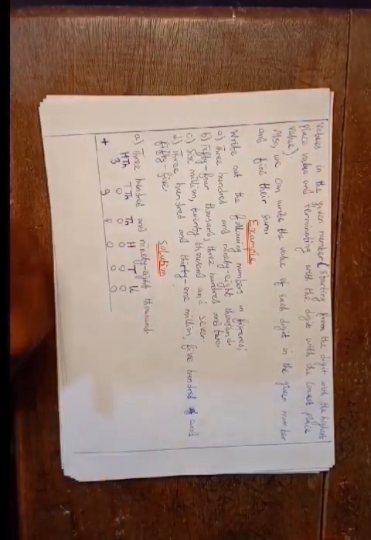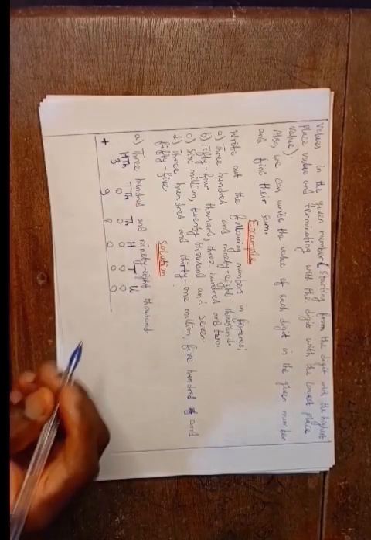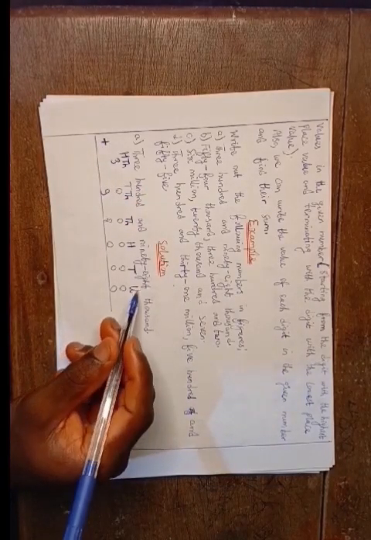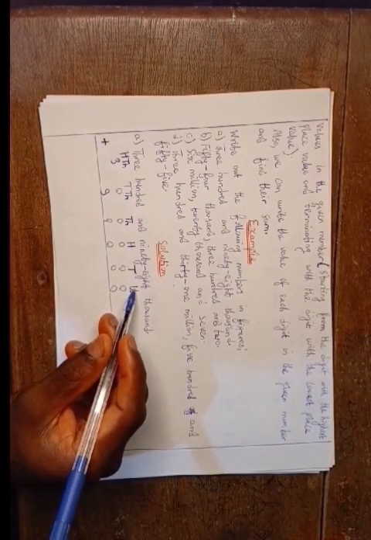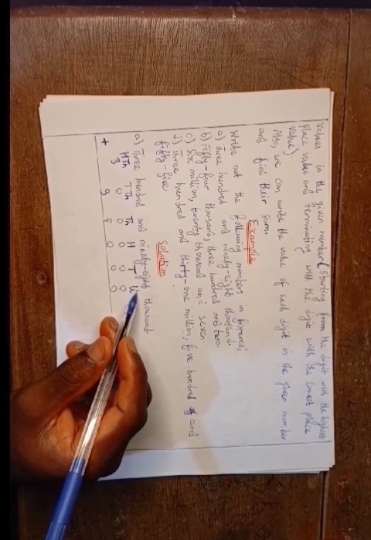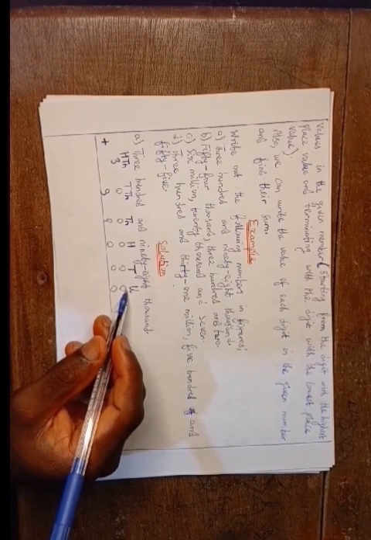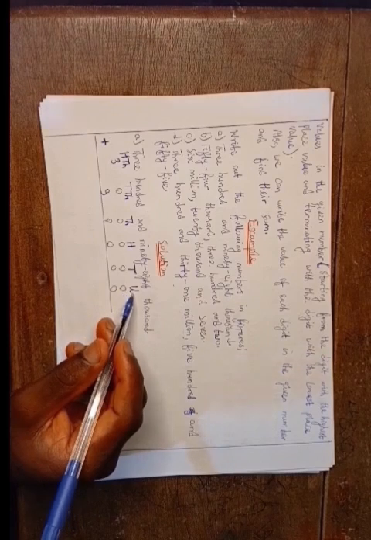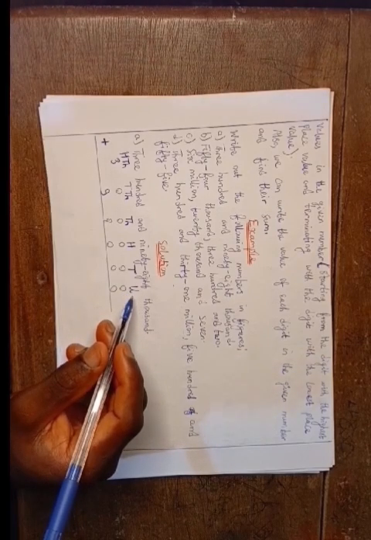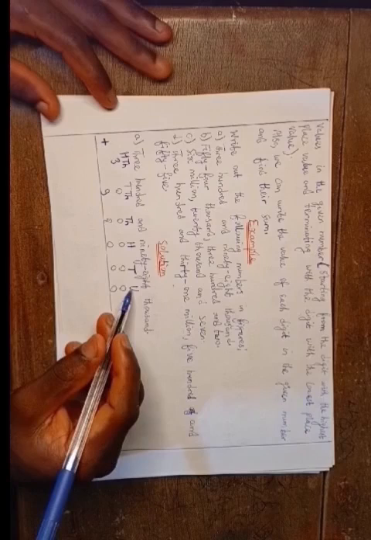When you see this symbol, that means we have to add. So under each of the place values, we are going to add the digits below, starting from the right hand side, moving towards the left. So we have to start from the units.